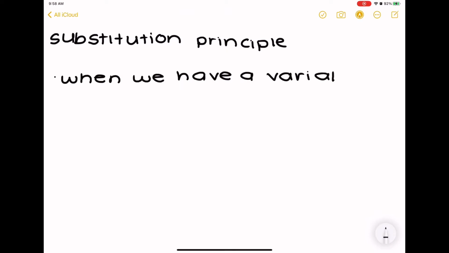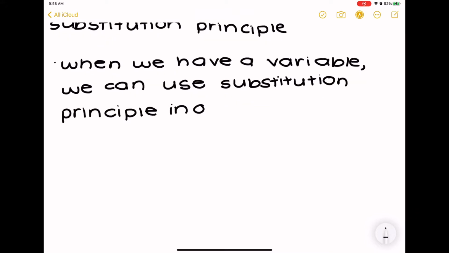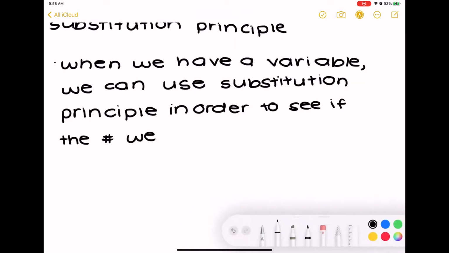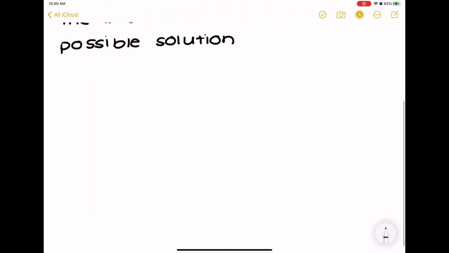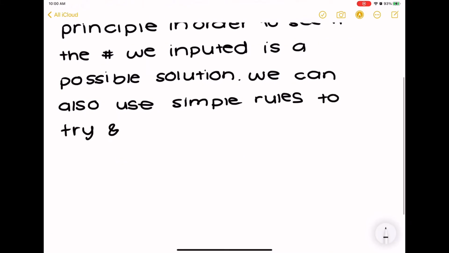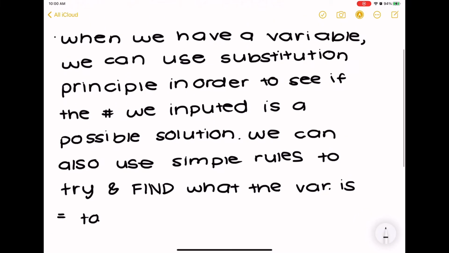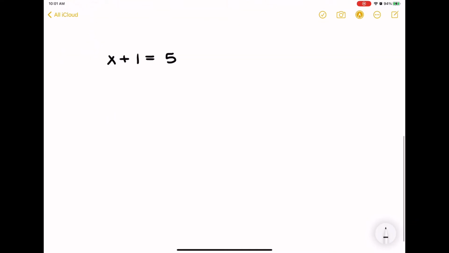First off, let's get started with the basics of the substitution principle. When we have a variable, we can use the substitution principle to see if the number we inputted is a possible solution and will work in that equation. We can also do a simple rule to find what the variable is equal to instead of doing the full-on substitution way.